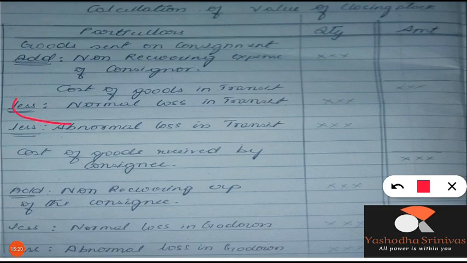Later, you have to deduct the normal loss in transit. Whenever goods are transported, if there is any normal loss, it means unavoidable loss. For example, if you have grown 25 quintals of rice or paddy on 1 acre of land, while harvesting, some paddy will unavoidably go out of your hand, you will lose it.